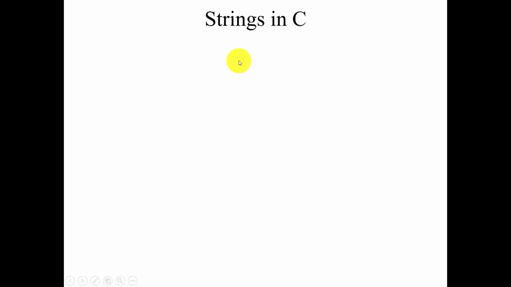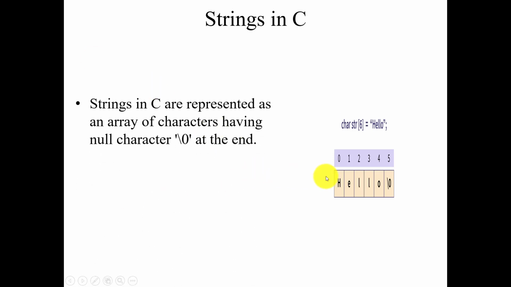The next token is the string. What is a string? In this diagram you can see a string of hello world. A word becomes a string because a string has a group of characters. Here, a group of 5 characters becomes a string.